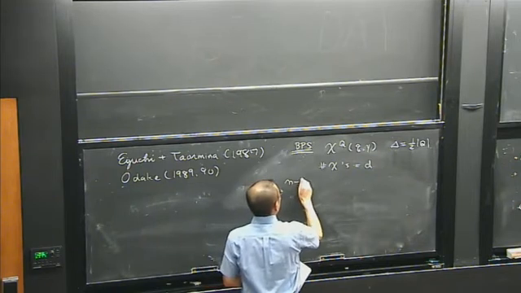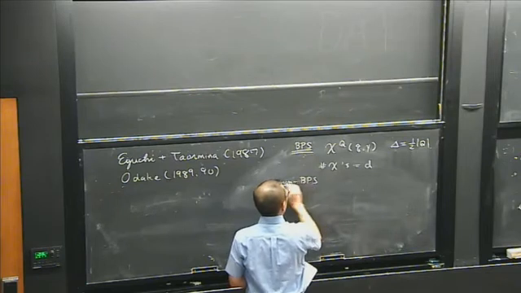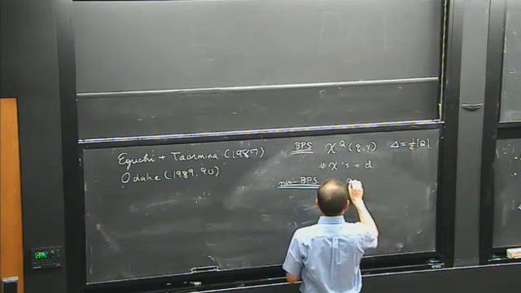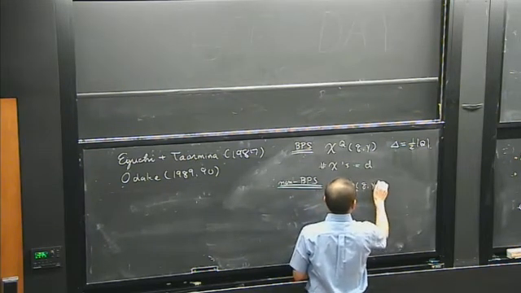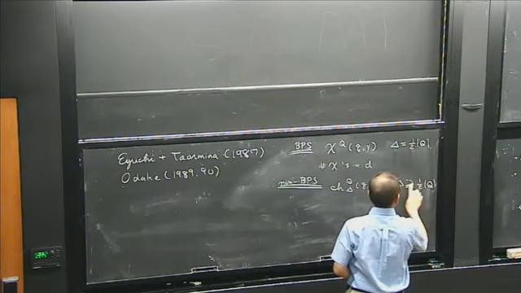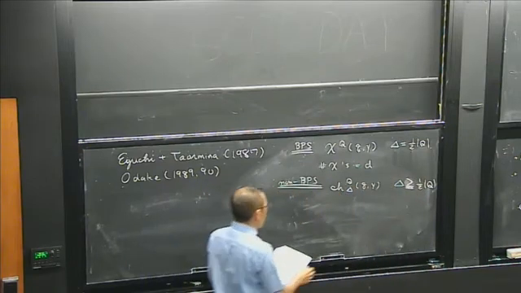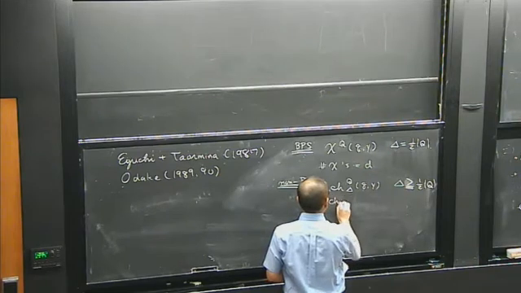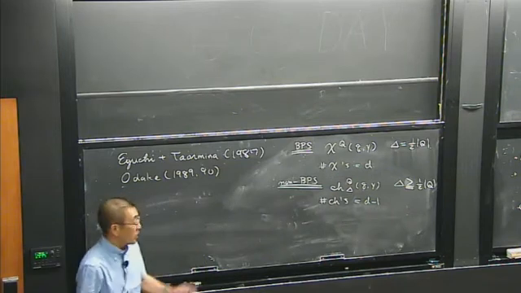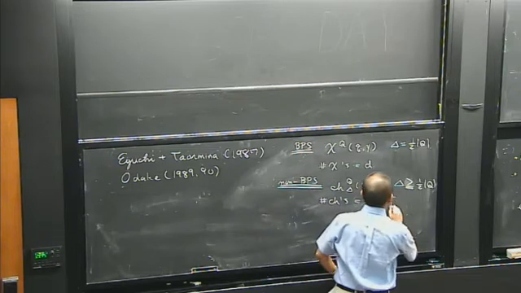For non-BPS, I'm going to denote the character by Q and delta, because then there are no obvious relations, except that delta is bounded from below by half of Q. And then there are D minus 1 of them for each delta.